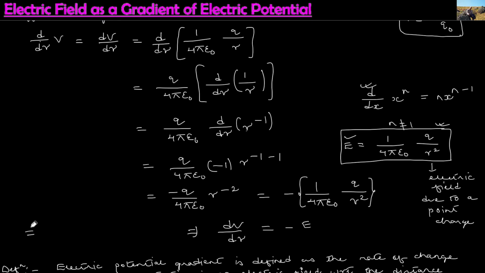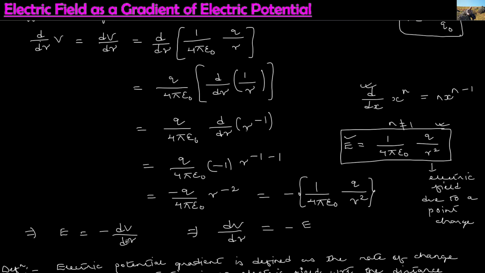Another way, we can also express that E is equal to negative of dV upon dr.